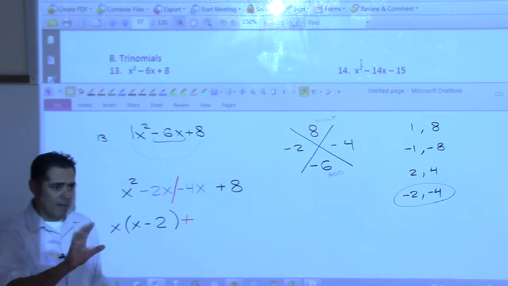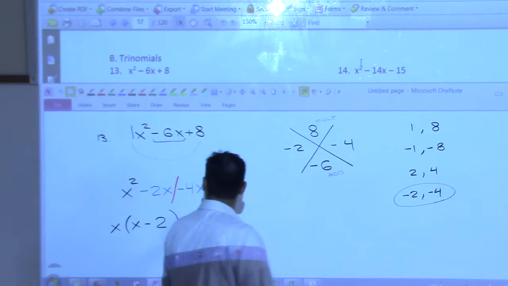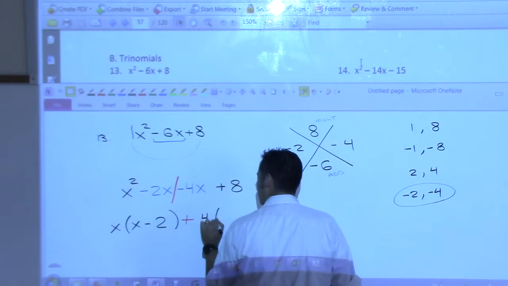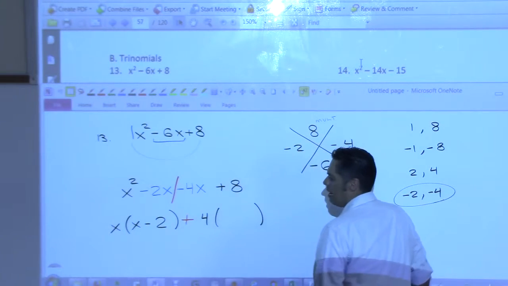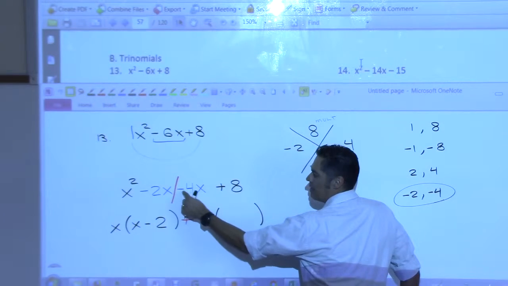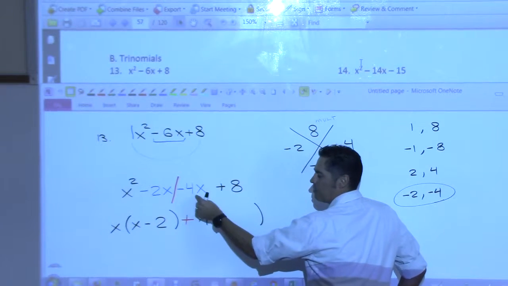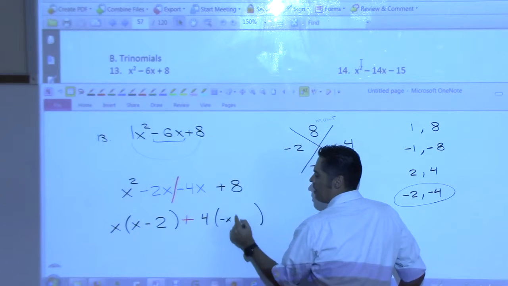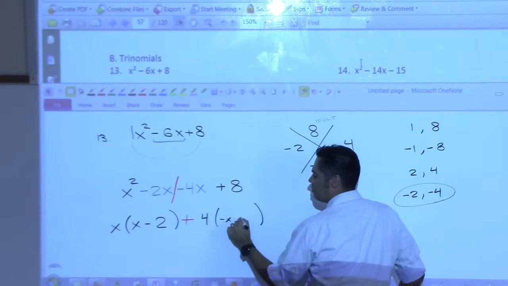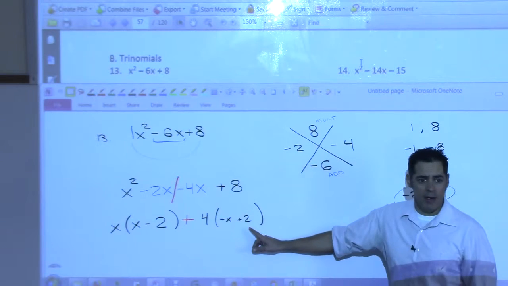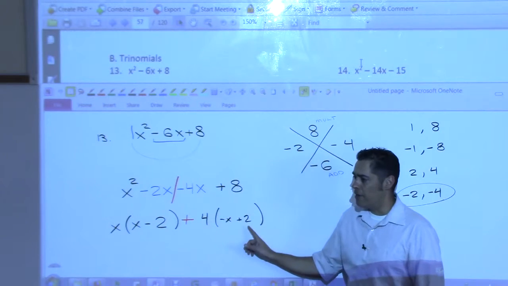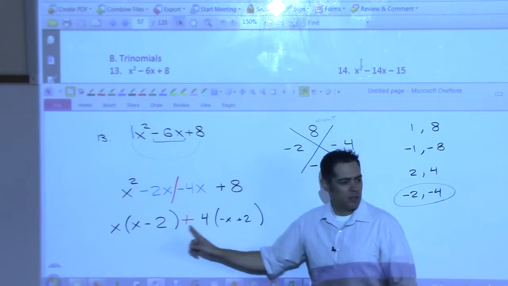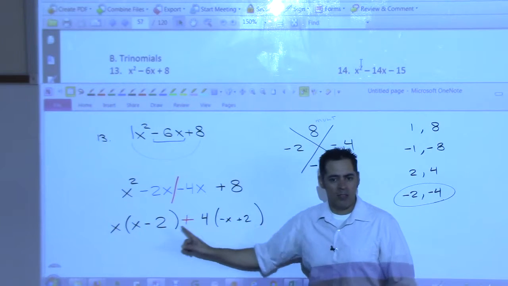Now don't write this down, but let me pull a 4 out. What would I have here? I need to get back -4x, so I would have -x, and then I would have to get +8, so I'd do +2. Y'all agree? If I pull +4 out, that's what I would have here. These don't match, do they?